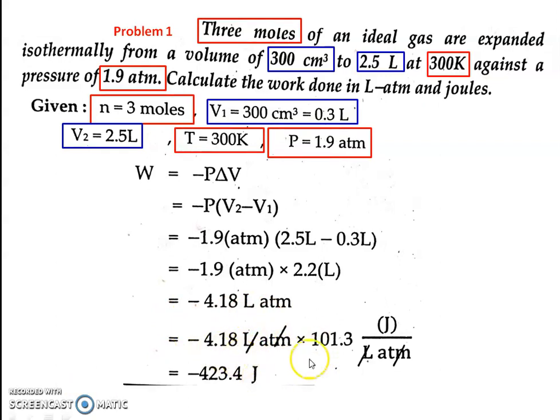When we solve this, the answer will be minus 423.4 joules. The minus sign indicates that this is work of expansion, or work done by the system on the surroundings, and this is the final answer, work done in joules.